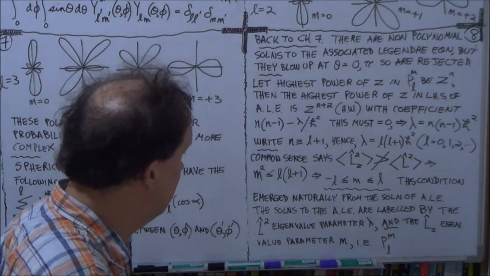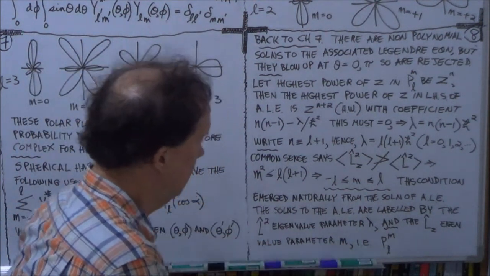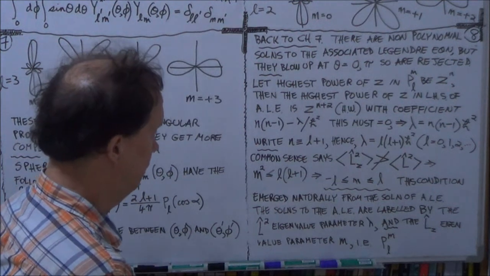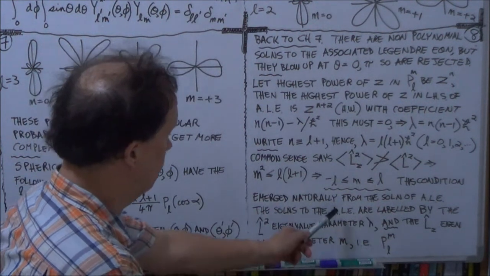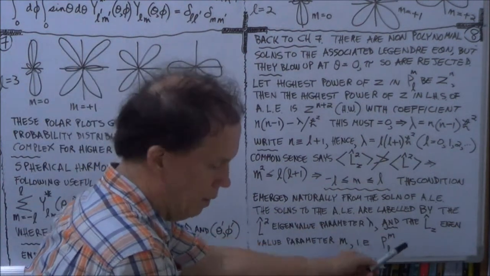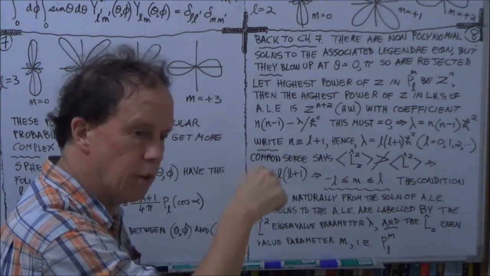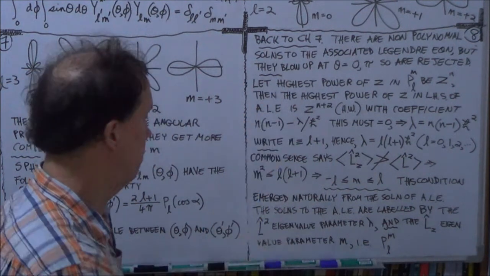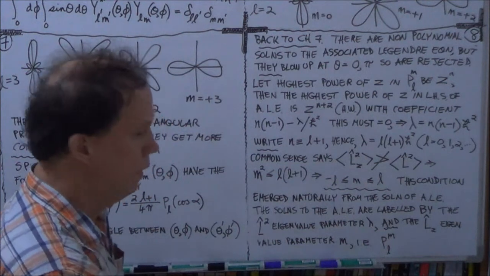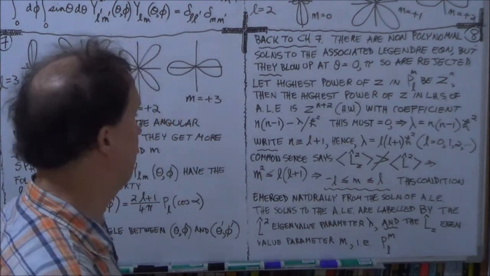So these are the solutions to this, and if you multiply them by the phi term, e to the power i m phi, that creates a spherical harmonic.